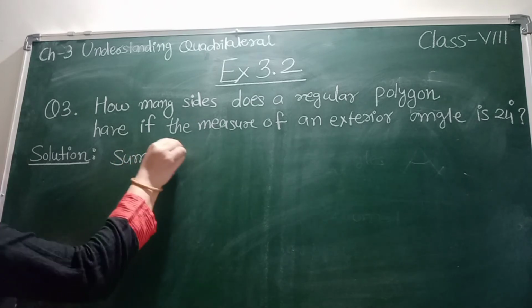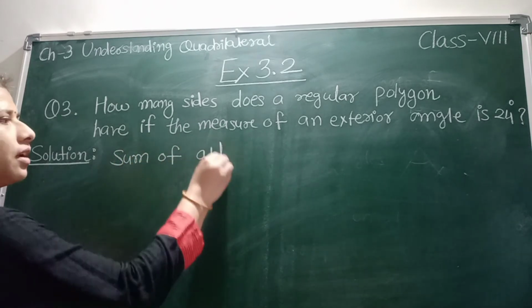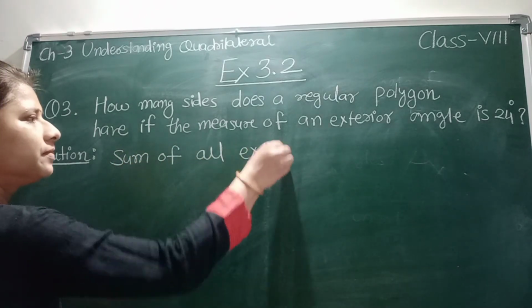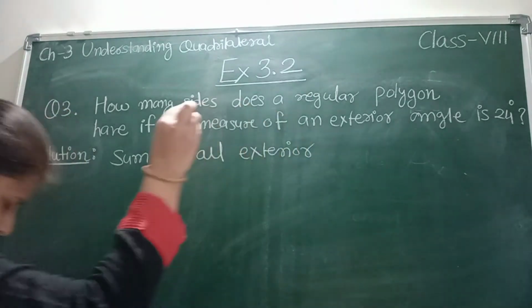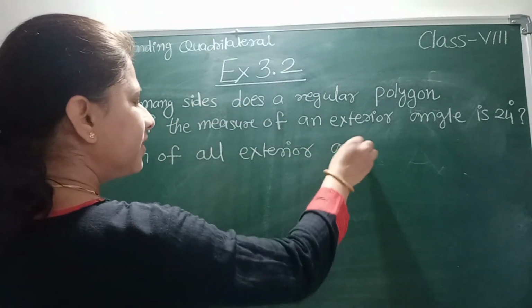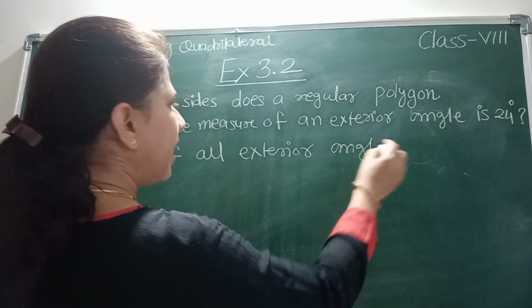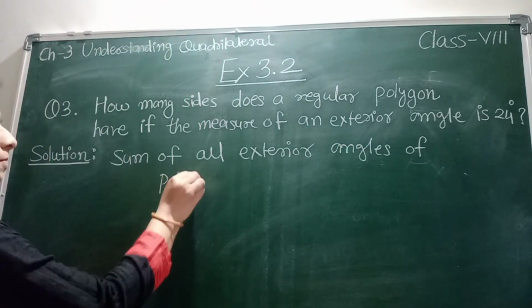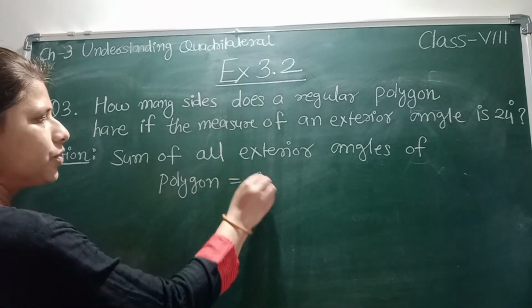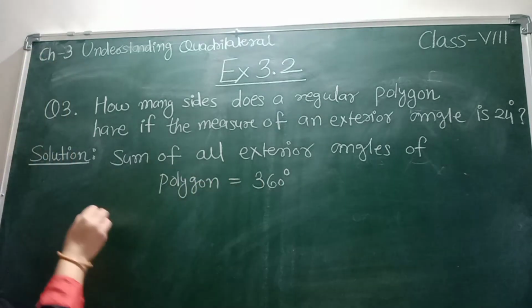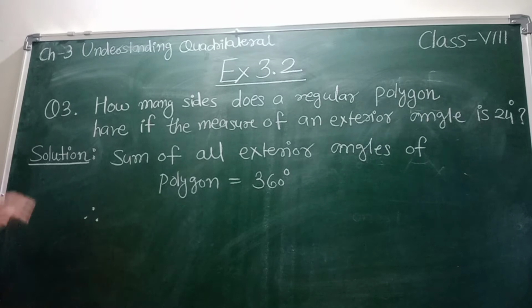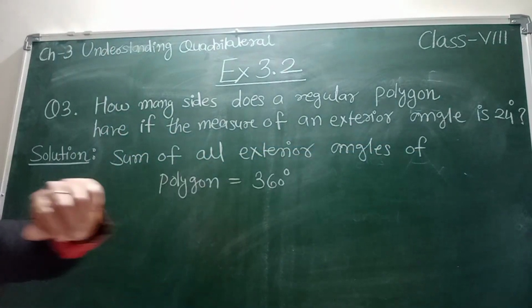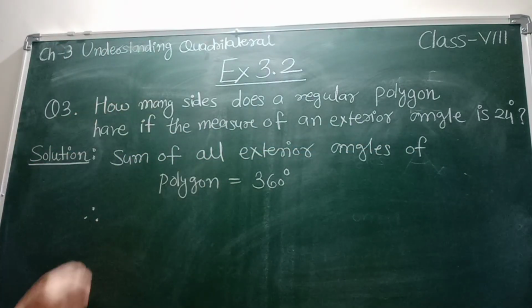Sum of all exterior angles of a polygon equals 360 degrees. And here what is given? Here an exterior angle is given and we have to find the number of sides.